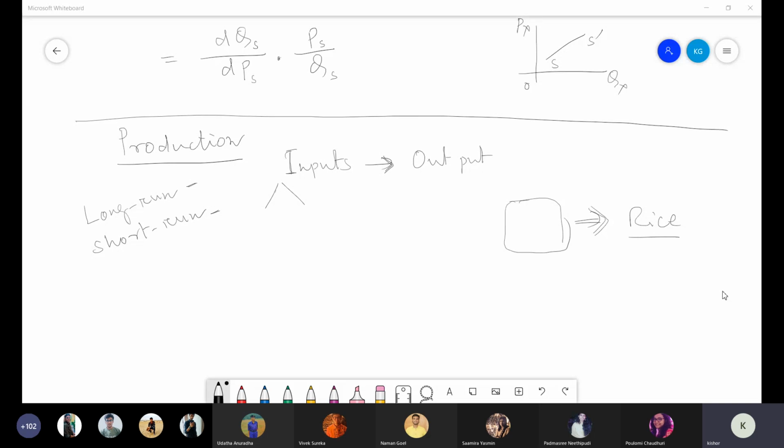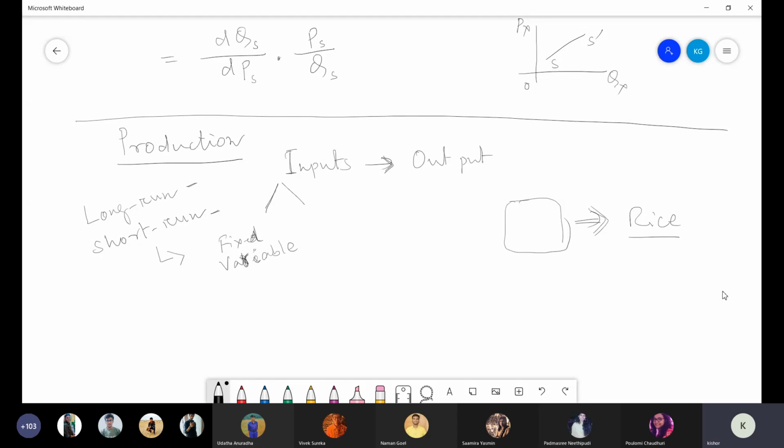In economics, short run represents a time period where certain inputs are fixed and certain inputs are variable in nature.